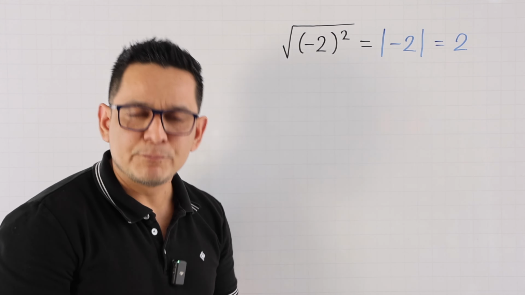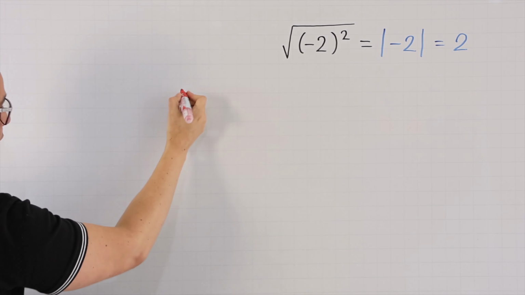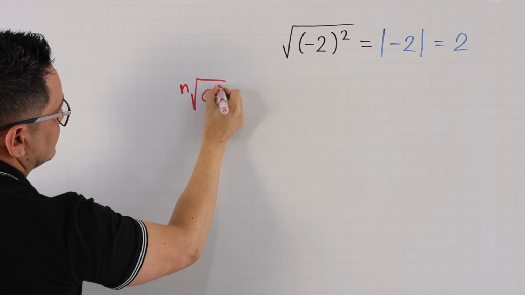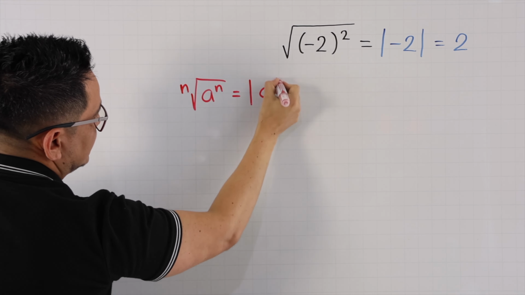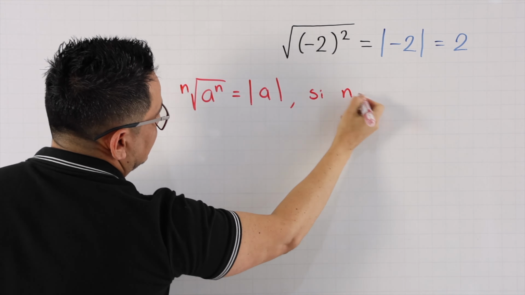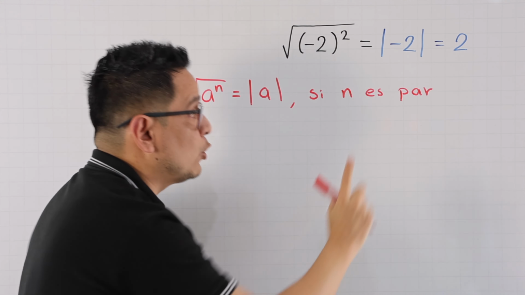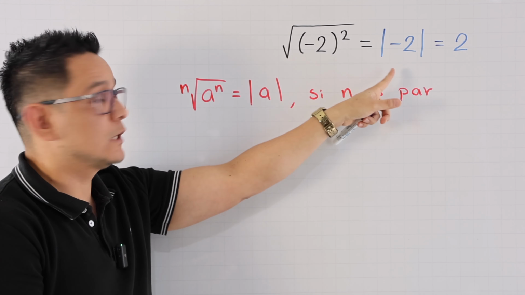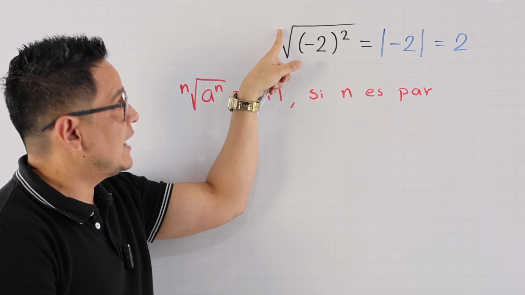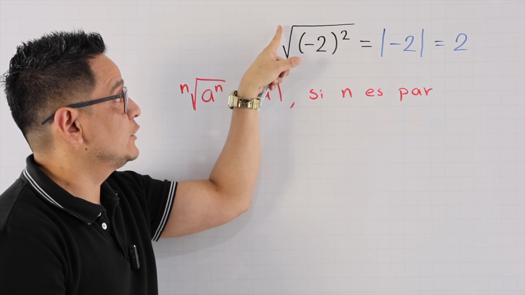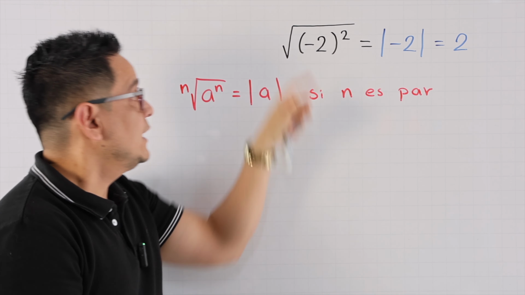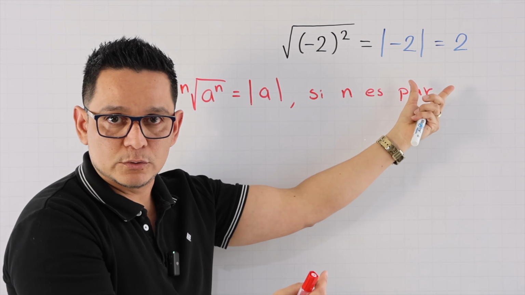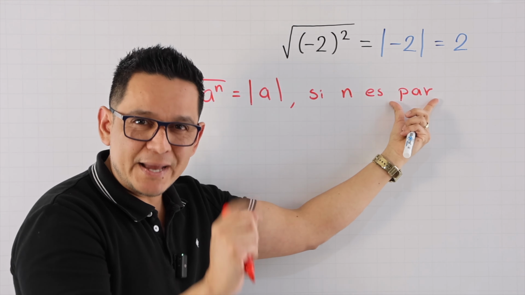In general, we can say that the nth root of a to the n is equal to the absolute value of a, if n is even, pay attention. If n is even, that's why here I simply applied the absolute value, right? Because here, even though you can't see it, there's a 2. So that means n is even, so we can apply the absolute value, but only when n is even.